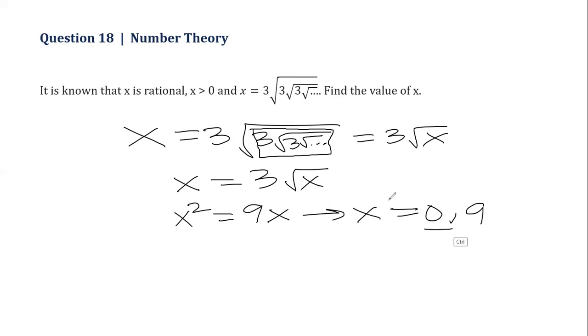However, it does tell us that x is greater than 0. So x is equal to 9. Any questions? No? Okay, no questions. So we can proceed to number 19.